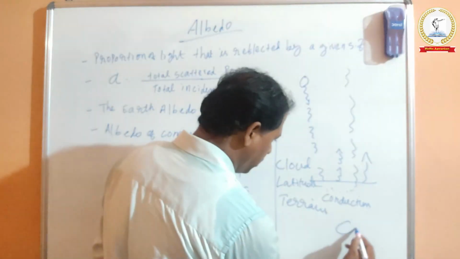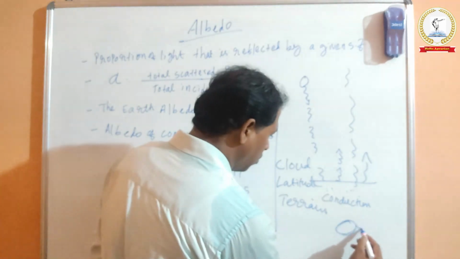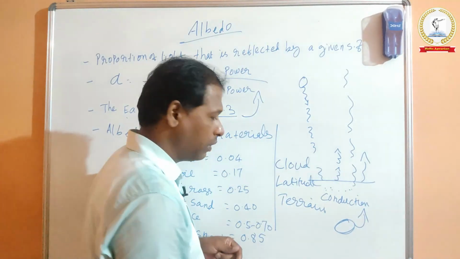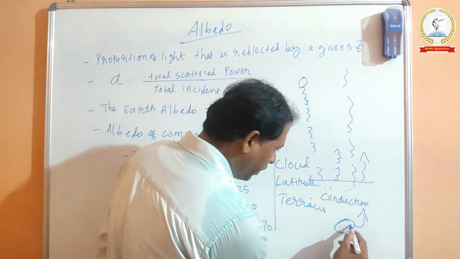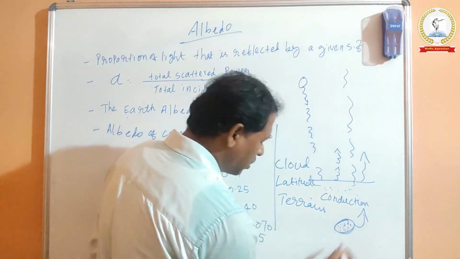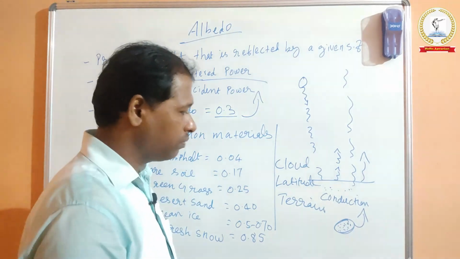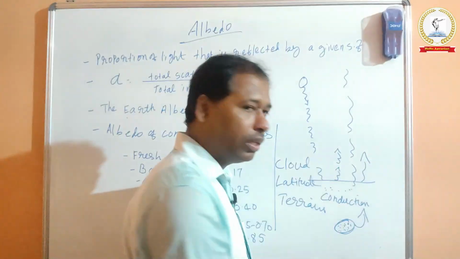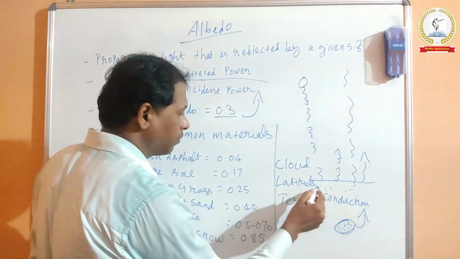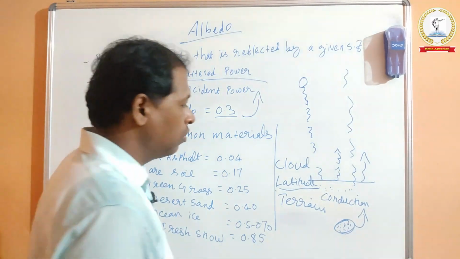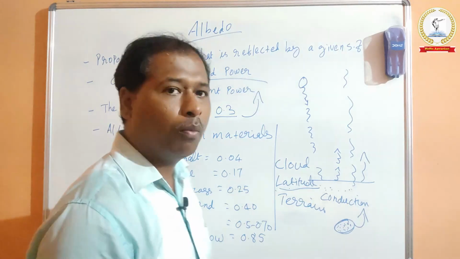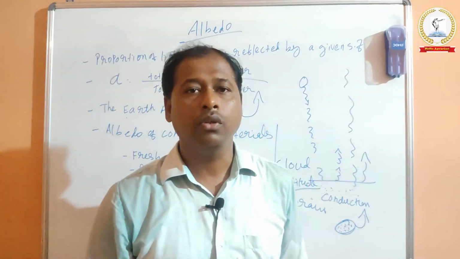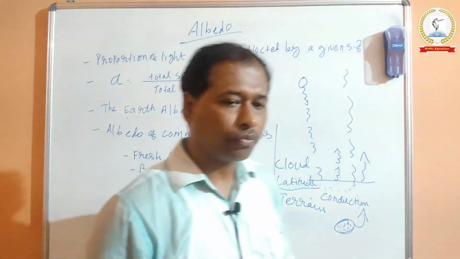If there are thick clouds, then more reflection takes place, because these clouds contain more ice crystals and these ice crystals reflect the radiation. Latitude also varies the albedo rate. Mid latitudes produce more albedo as compared to the equator region.